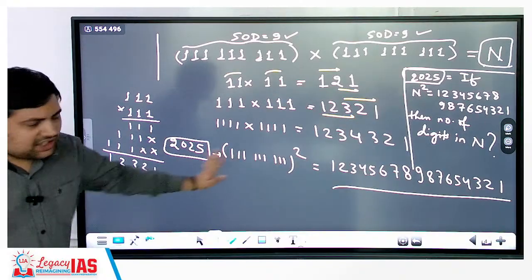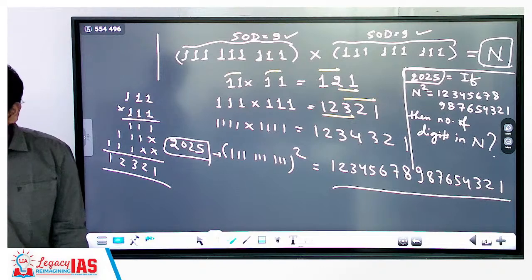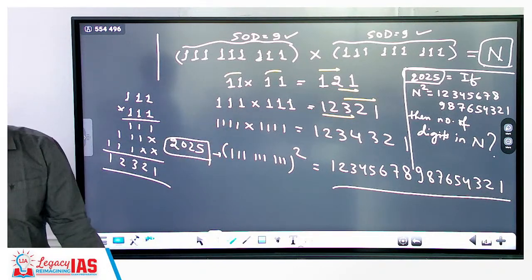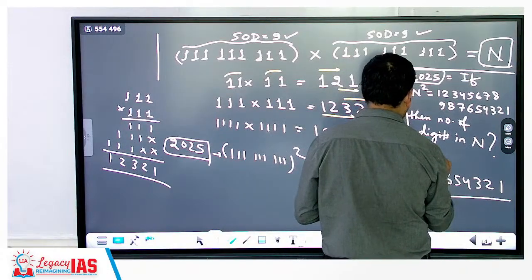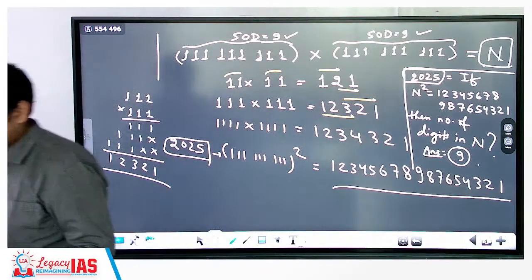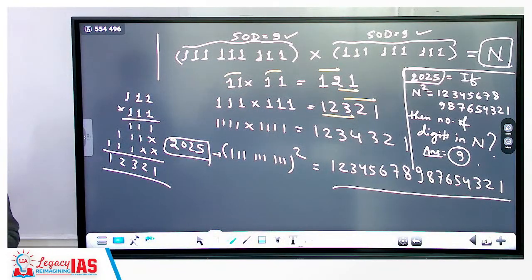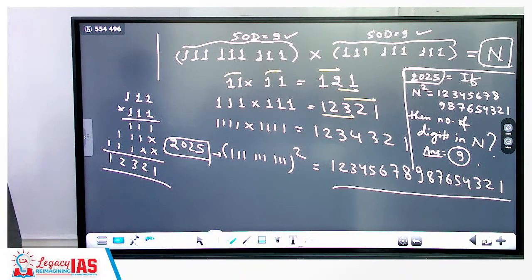Okay, this is easier to understand, so I have taken it like this. So they gave the value of n square, and then they asked the number of digits in n. And the answer of course becomes 9. Same thing, just instead of giving you n, now they gave you n square, and then asked you how many digits in n.